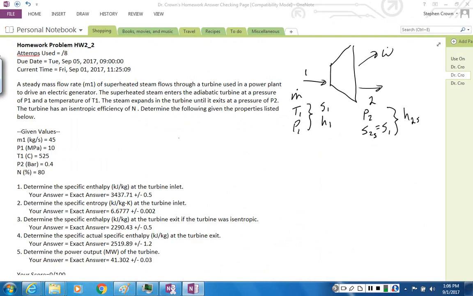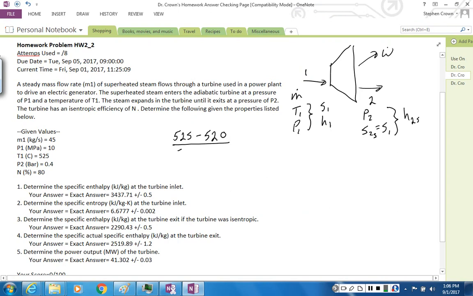So we've got 525 minus 520 over 560 minus 520.